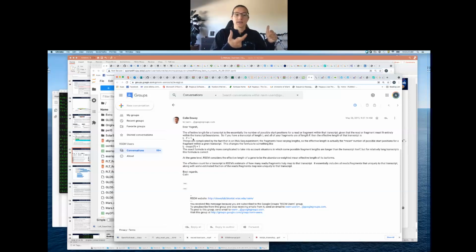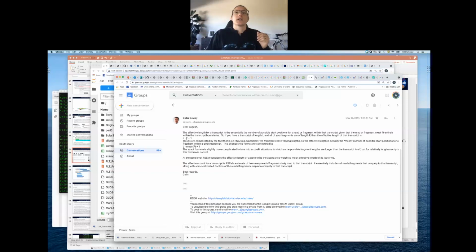Usually that's going to be smaller than your total length, unless your fragments are all the same size, or the average of those fragments happens to be perfectly divisible by the length of the transcript. The calculation to determine the effective length is the length of your transcript, depicted here by L, minus your fragment length, and then +1 to account for overhang.